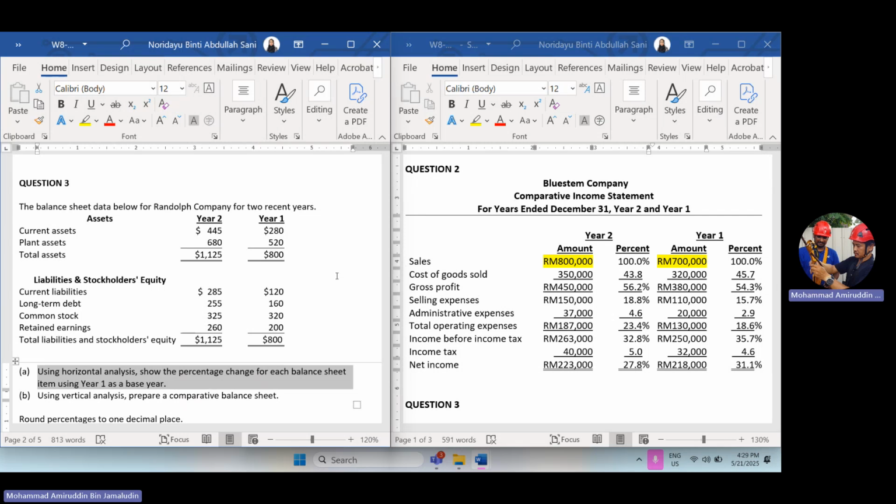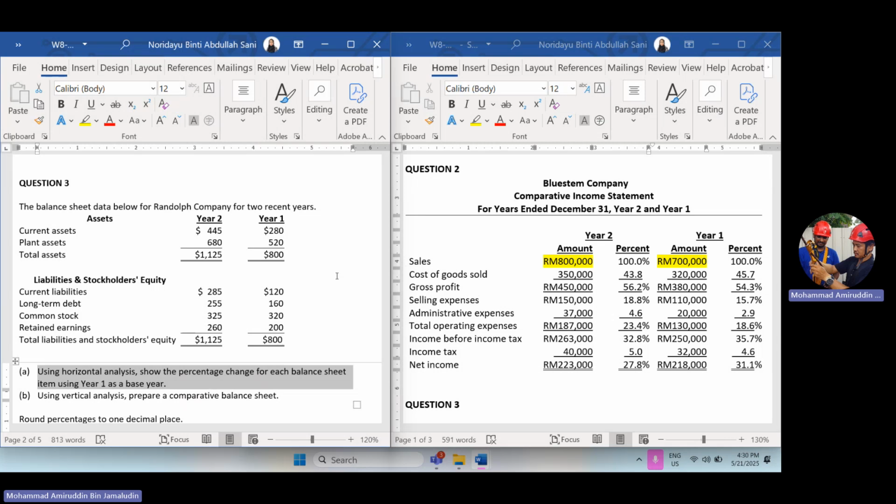This is the total of these two. Listen: 450 gross profit, minus 150, minus 37, you will get 263.